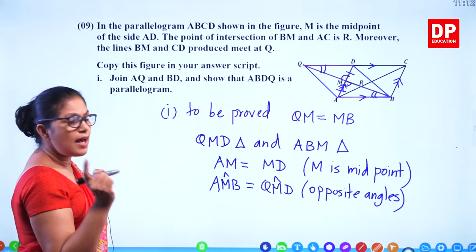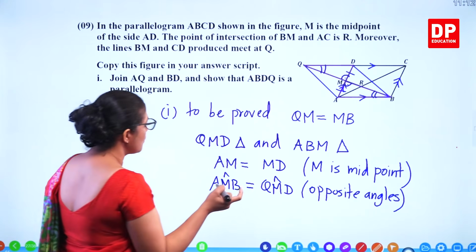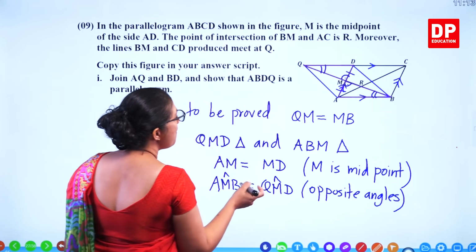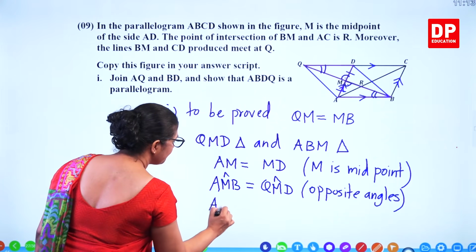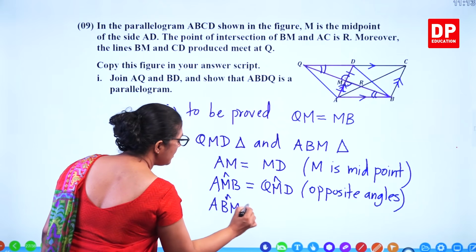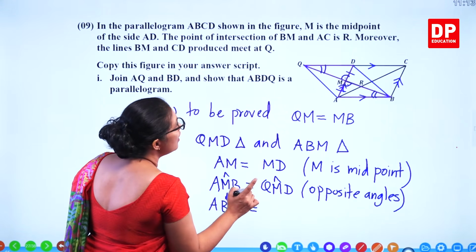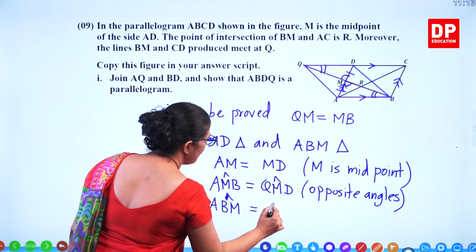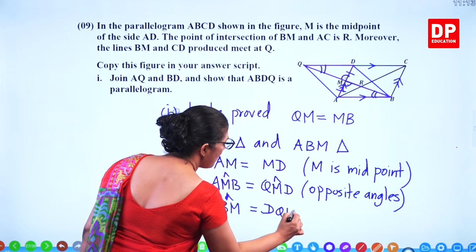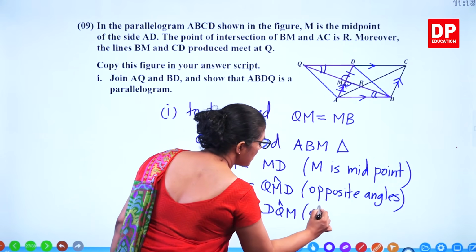Alternate angles are equal. So you can write ABM angle is equal to DQM angle. Alternate angles.